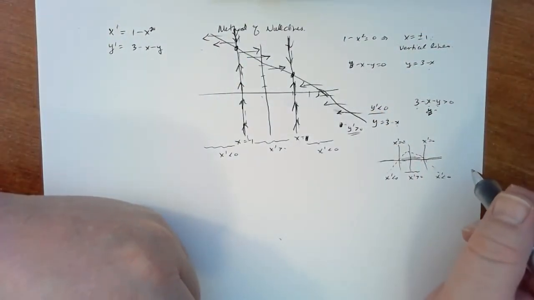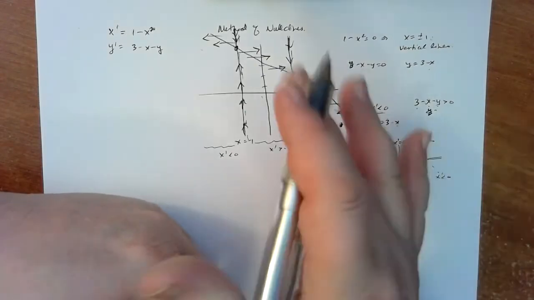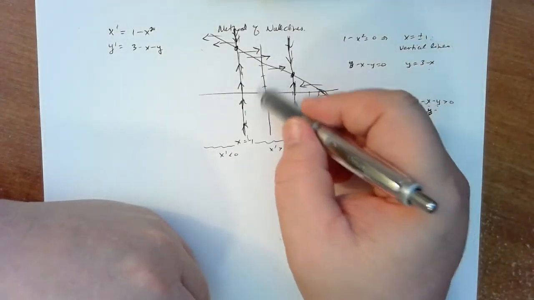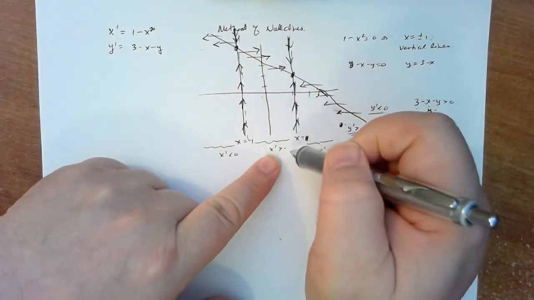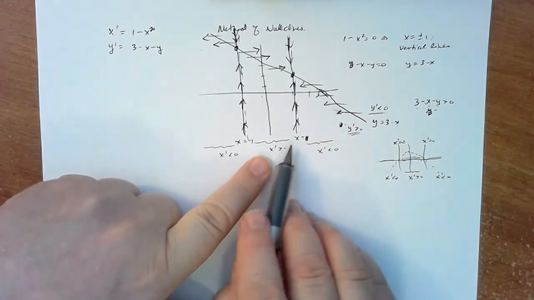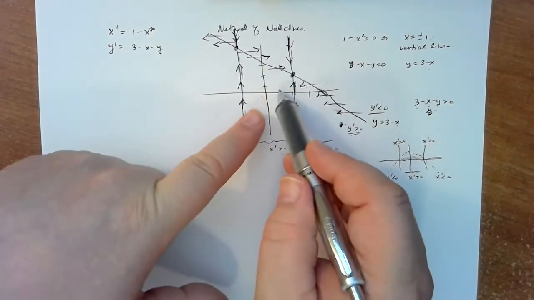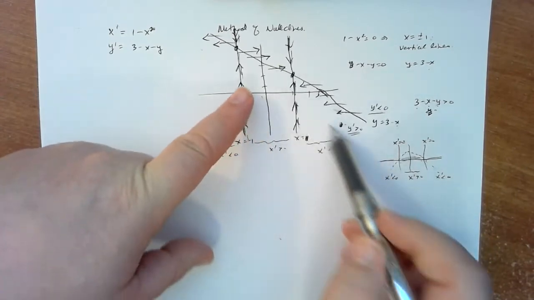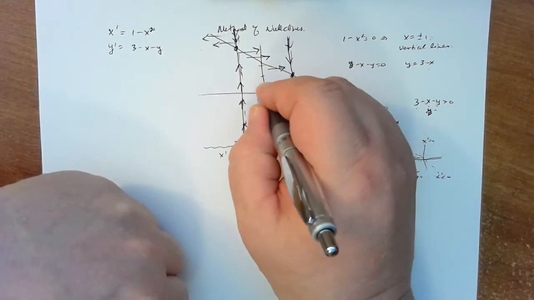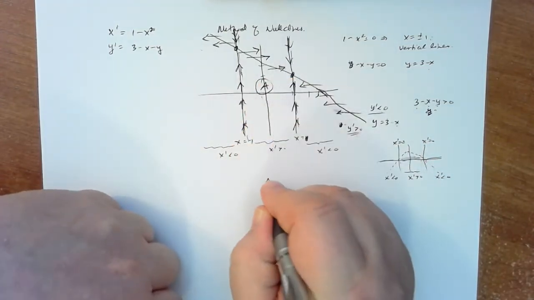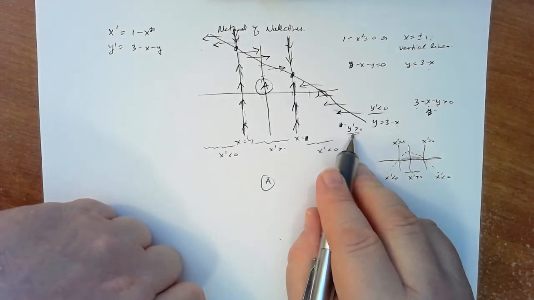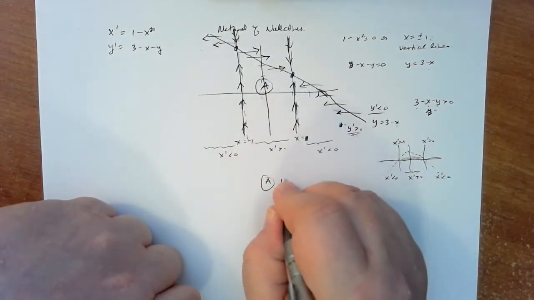All right. So what do we see there? What's going to be the general pattern here? Well, we see that, for example, in this region, our x prime is going to be positive, so we're going to be moving to the right. And then what's our y prime going to be? Below the line. So maybe I'll write A here. In part A, we would be going up and to the right.